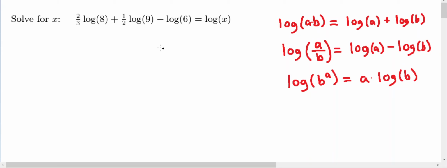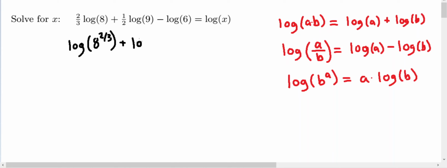So that means we should take this exponent, and it really belongs up here in front of the 8. So we should write this as log of 8 raised to the 2/3 plus, and applying the same trick, we're raising 9 to the 1/2 power. And again, it's using this rule here.